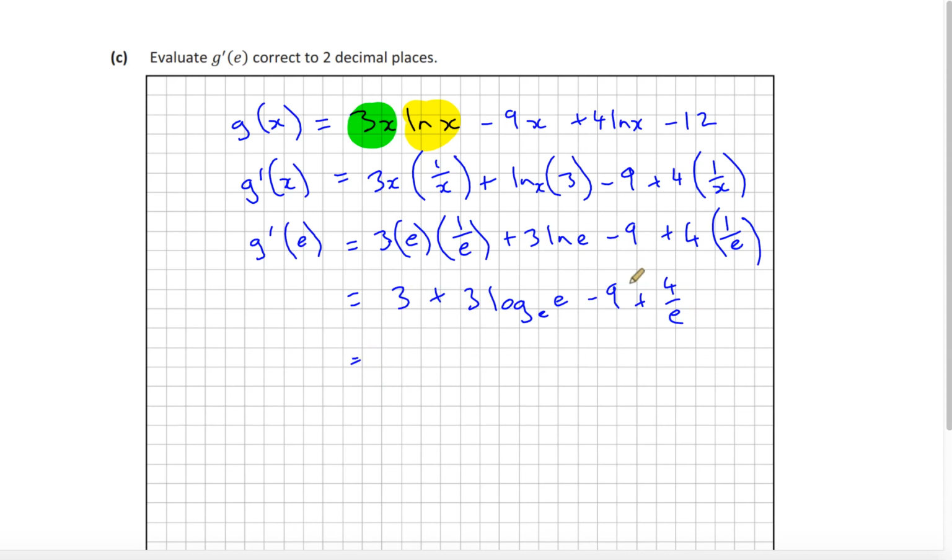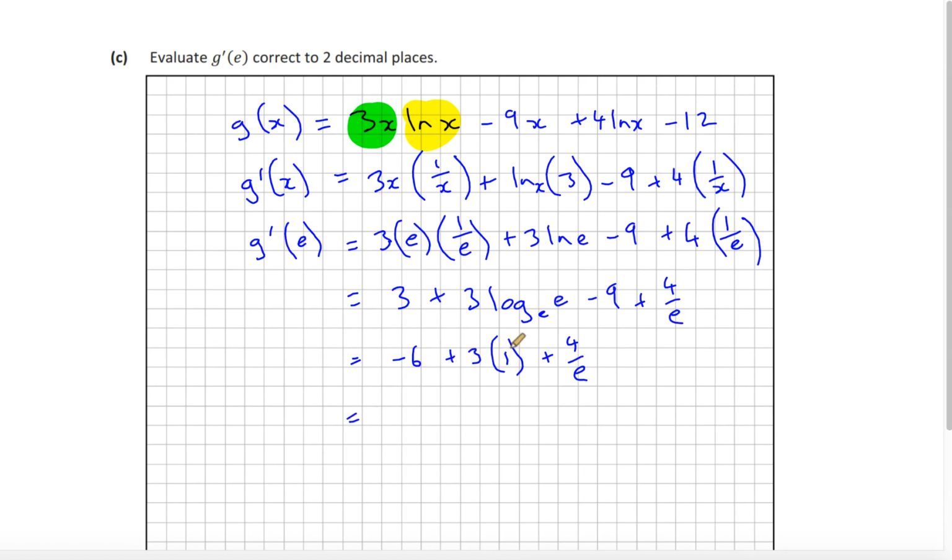Okay, so 3 minus 9 is minus 6. 3 times the log of e to the base e. Well, what power do I raise e to get e? Well, that's 1. So that's plus 3 times 1. And then I have my 4 over e at the end.